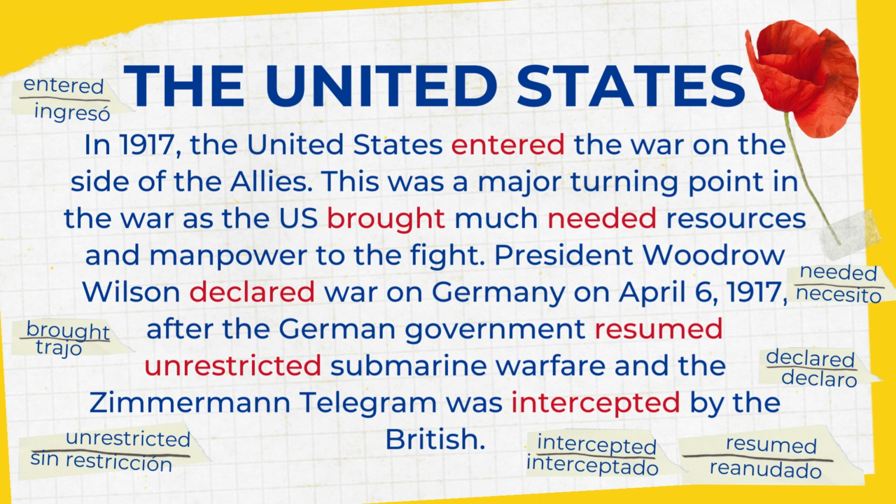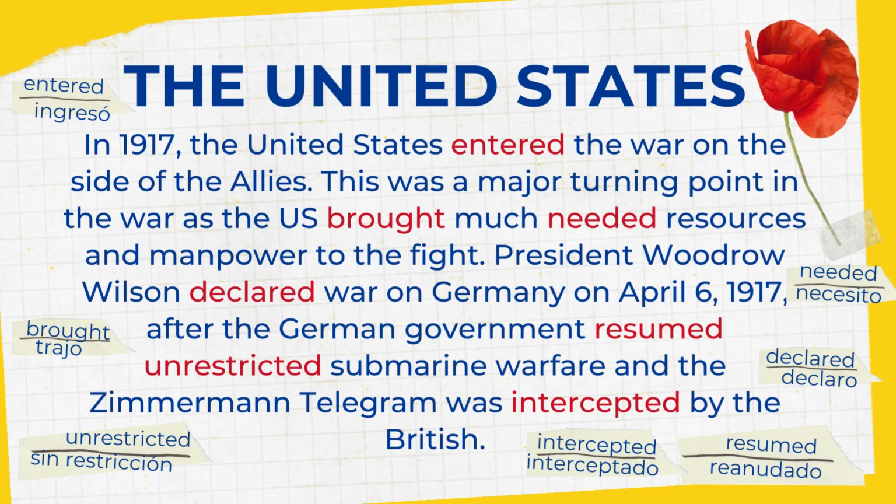In 1917, the United States entered the war on the side of the Allies. This was a major turning point in the war, as the US brought much needed resources and manpower to the fight.